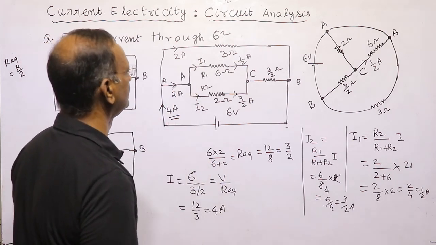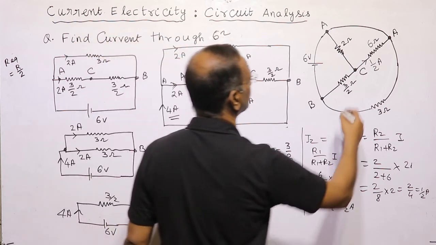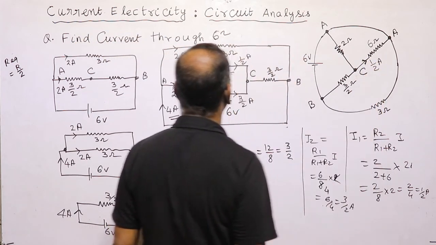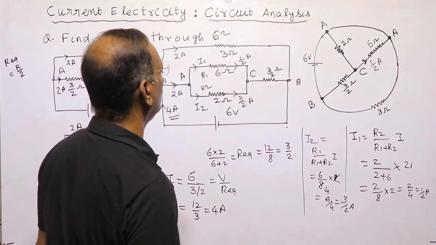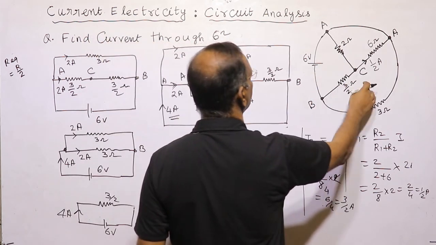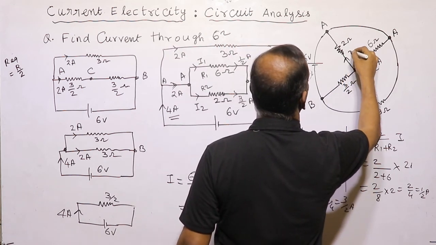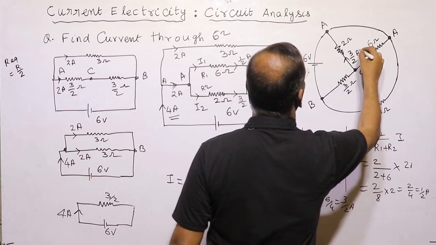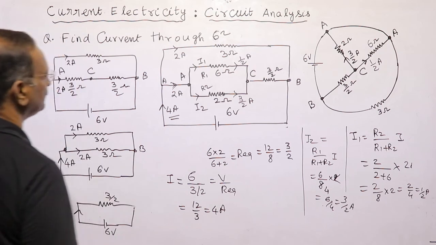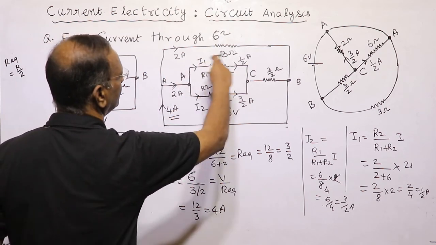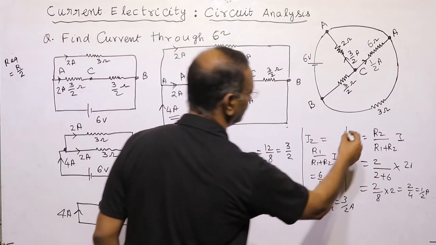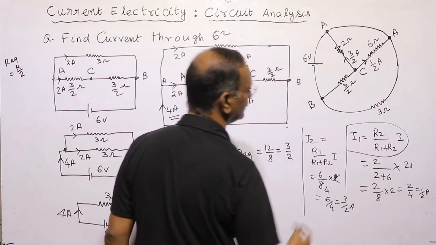So the current through this 6 ohm is half ampere, and the current through this 2 ohm one, because these are in parallel, is 3 by 2 ampere. We have to use only the formula. This is the current divider formula, and we have to tweak how to use it.